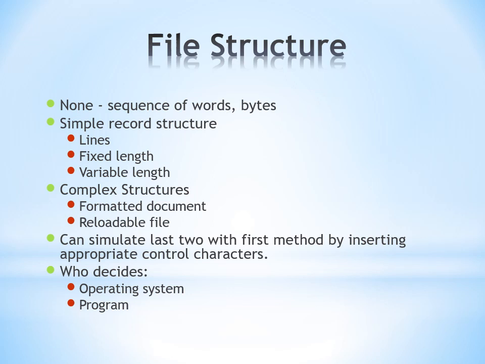Who decides the file structure is the operating system and also your program. Therefore, whatever program you install will follow your operating system. If your computer is running on the Windows platform, you have to install or download the programs for the Windows platform.